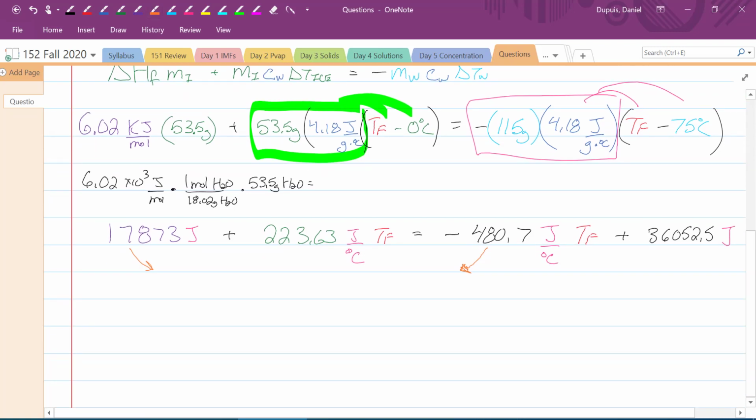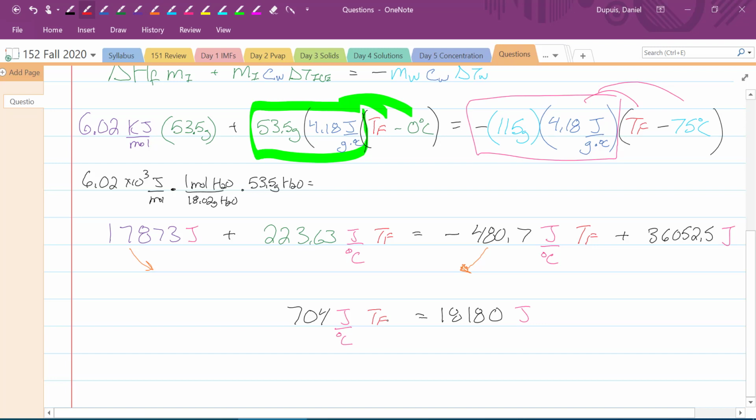So 36,052.5 minus 17,873, I get basically 18,180, let's call it, joules, equals, now I use 223.63 plus 480.7, 704.33, so 704 joules per degree Celsius, and then times T_F.